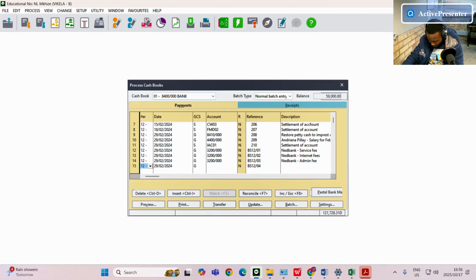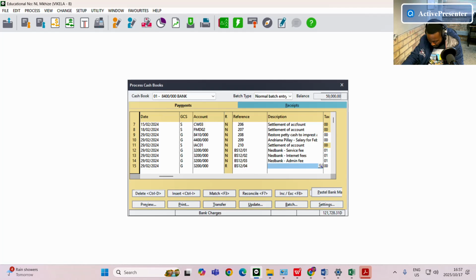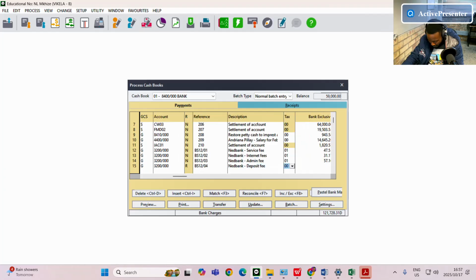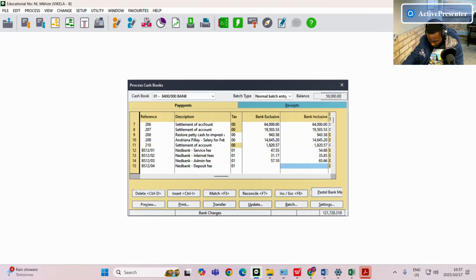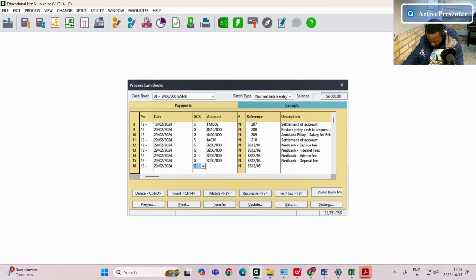Next is deposit fee, 3200. NetBank deposit fee. Yes, VAT is charged. And how much? It's 23.45. The next one is management fee, still 3200.